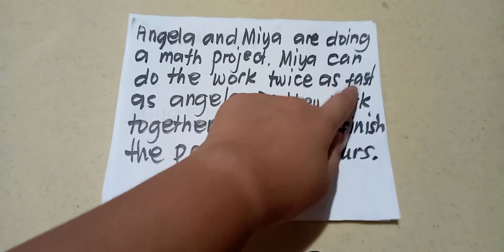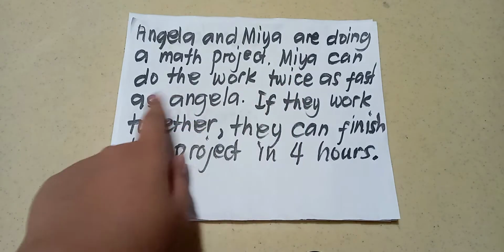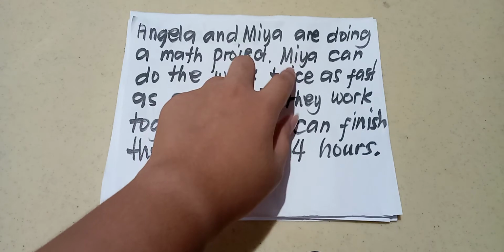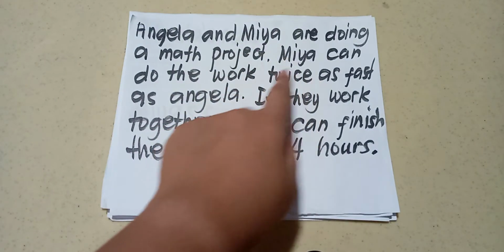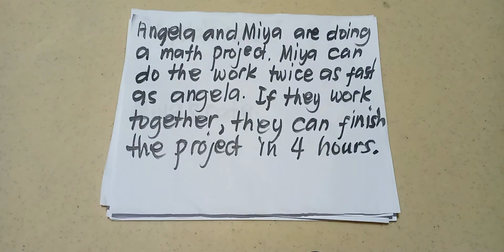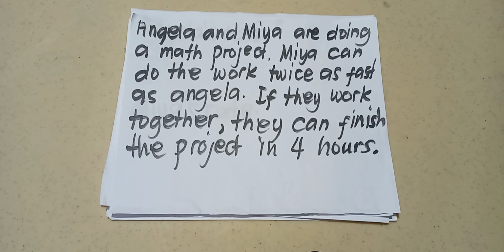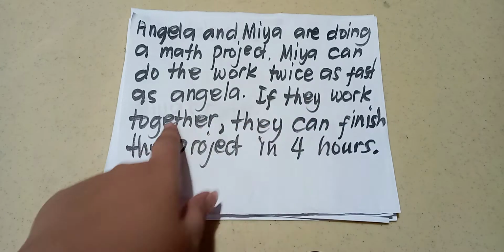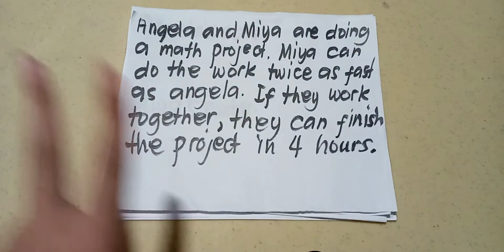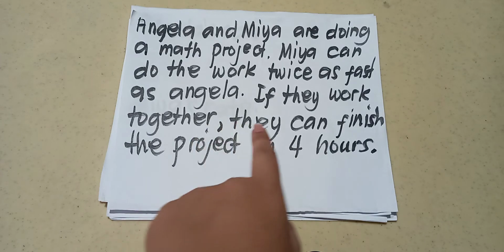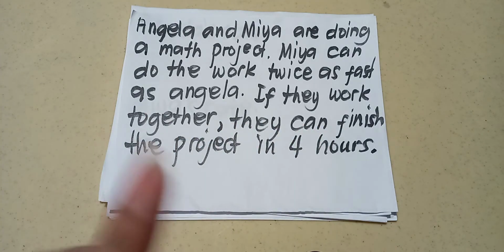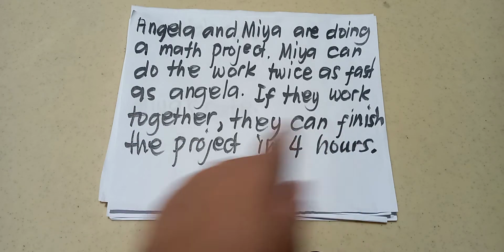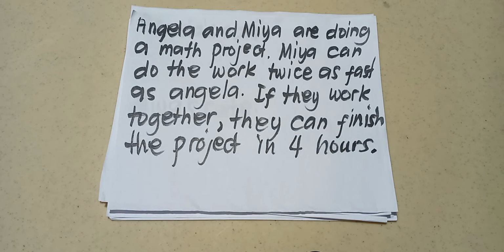Kapag sinabing twice as fast as Angela, times 2 yung bilis niya na matapos yung project kaysa kay Angela. So therefore, si Mia, ang rate niya dito is times 2 ang bilis kaysa kay Angela. Gagawin natin yung mathematical terms mamaya. If they work together, kapag daw nag-work sila pareho, or nagsanib puwersa, they can finish the project in 4 hours.